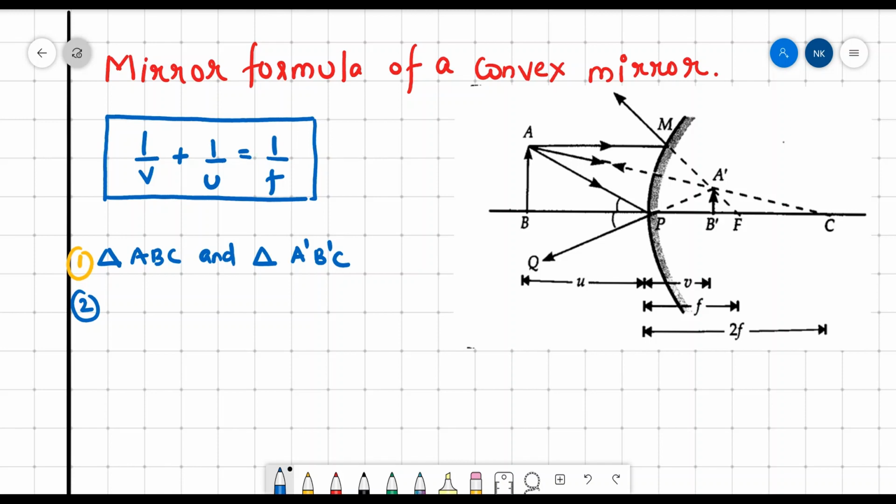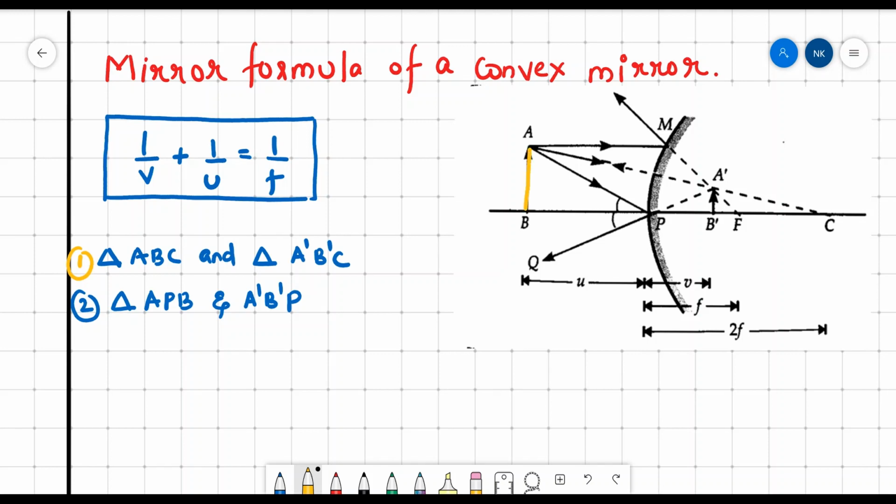That's going to be triangle APB and triangle A dash B dash B. If this angle is theta, of course this angle is theta, the angle of incidence. Here the angle of reflection also has to be theta. And if this is theta, of course this angle also has to be theta. That is the first thing that you must know.